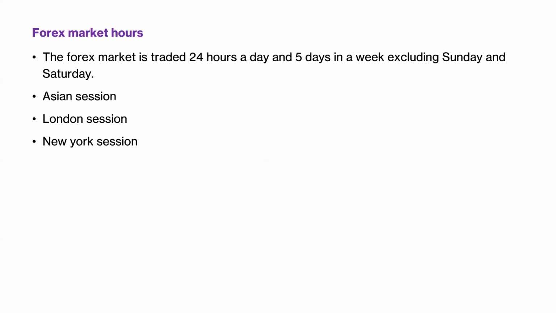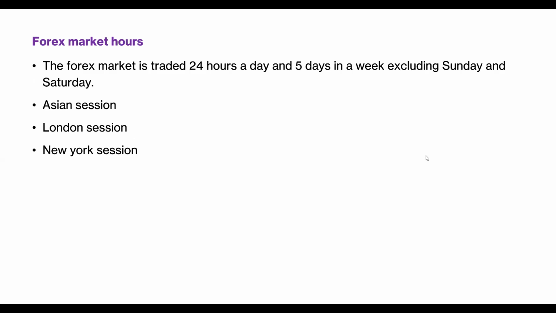Now for Forex in particular, the Forex market is traded 24 hours a day and 5 days a week, excluding Saturdays and Sundays. So you can trade Monday, Tuesday, Wednesday, Thursday, Friday. And then there are sessions.